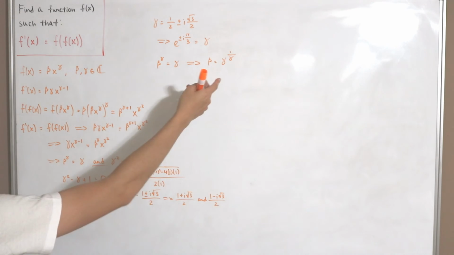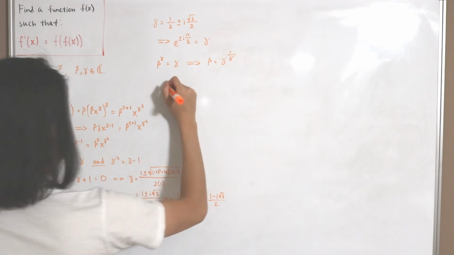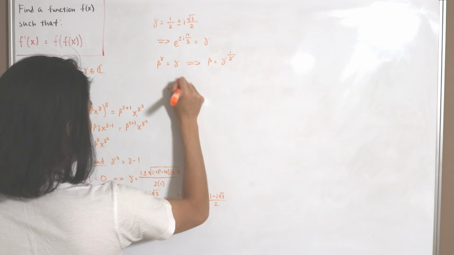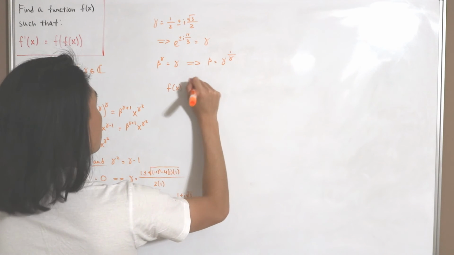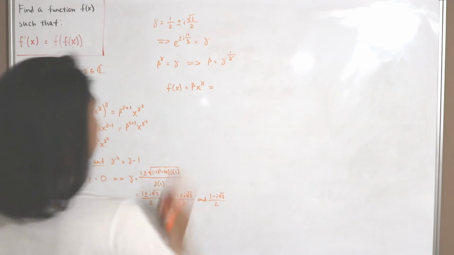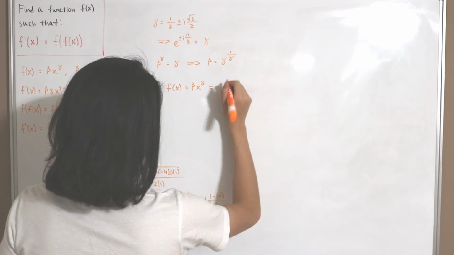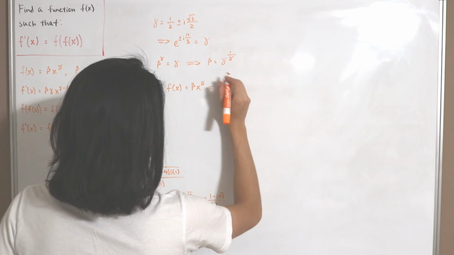Okay, so we found our beta and our gamma, so let's go back to our f of x. We said that f of x is equal to beta times x to the power gamma. So really, we just have to plug in our constants.